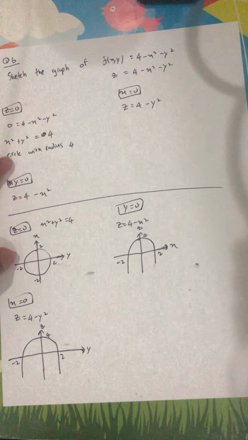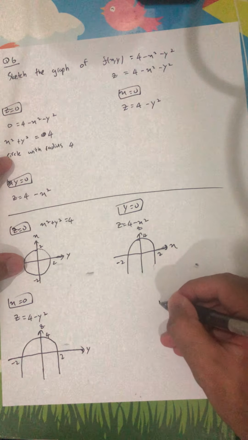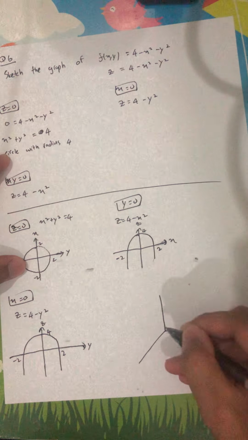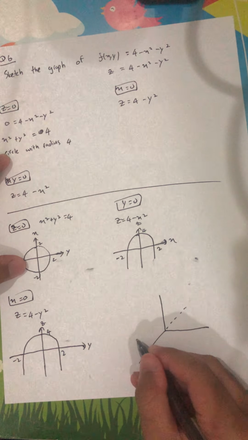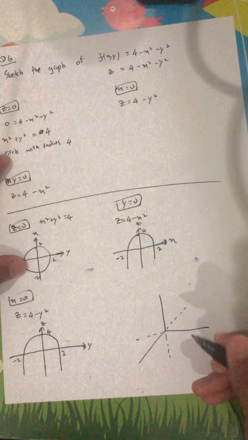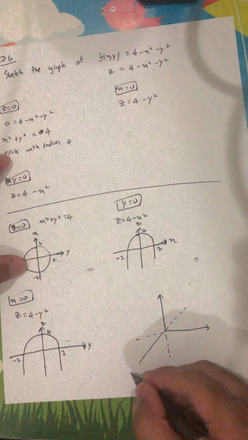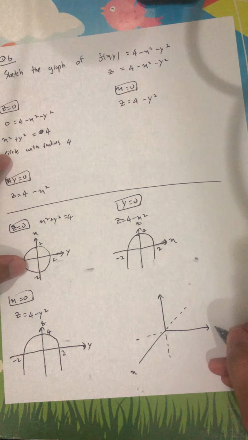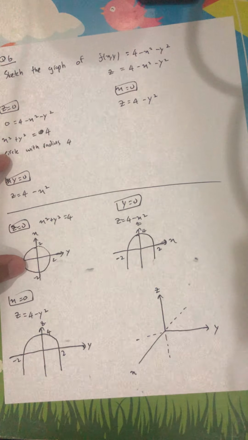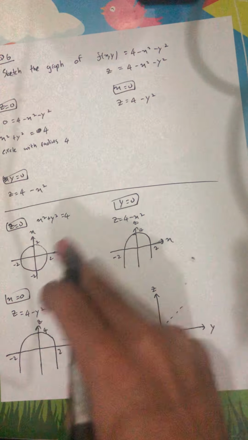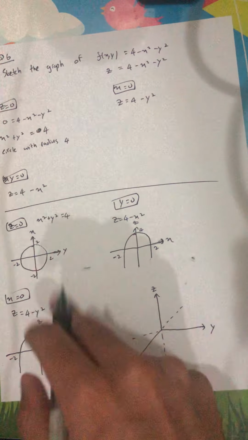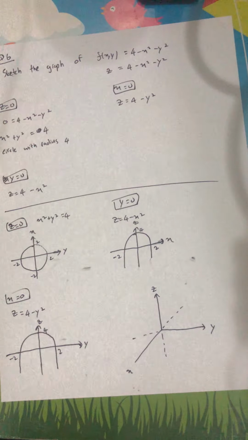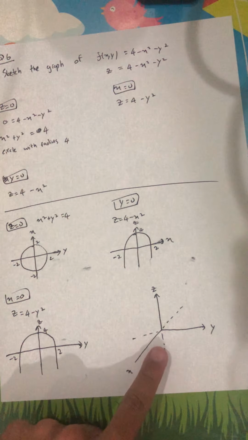Okay, so now we draw our 3D plane for the final drawing. You can name the plane however you like. I'll name it X, Y, Z. So we need to redraw all of this on this 3D plane.